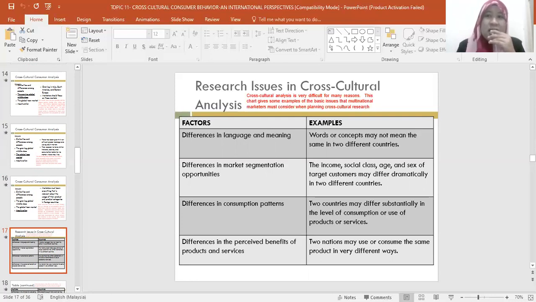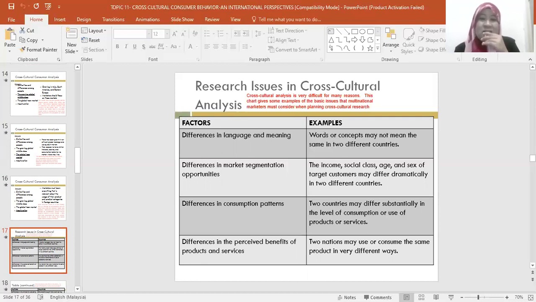Cursing words are negative words. So when Malaysians hear Indonesians say, saya butuh kamu, kamu butuh aku, it means, are you cursing us? So two concepts, one word, and the concept is not the same in the two different countries. So there will be differences in language and meaning.